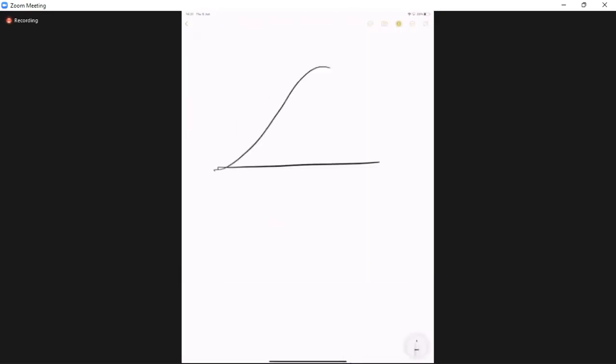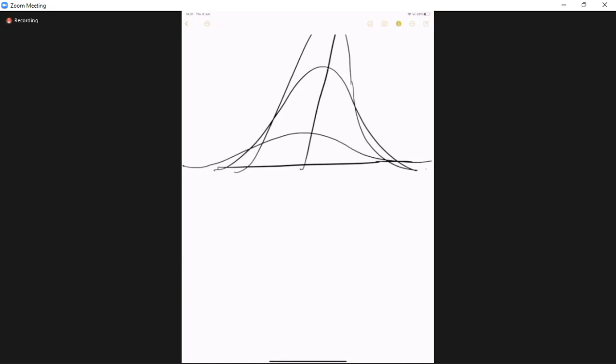Let's say we have these two data sets, and this one. What can we say about these three distributions? Actually, this should be a straight vertical line, perpendicular to the x-axis.